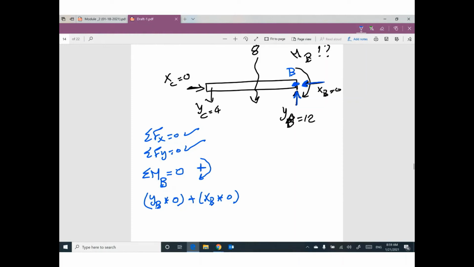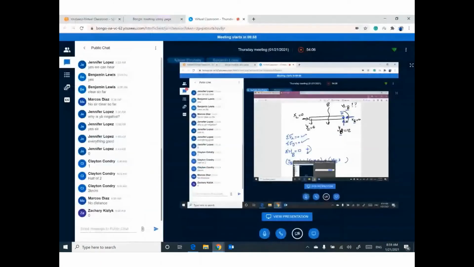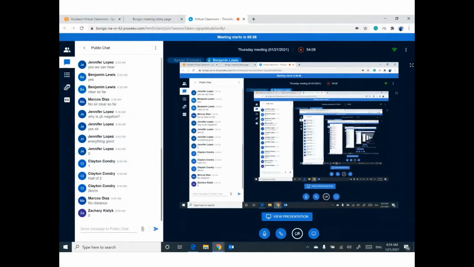We don't have distance because the two forces are at the same point, B. What is the distance for MB? I am taking a moment at B. So what is the distance for MB? Distance for XB is 0. Distance for YB is 0. What is the distance for MB? It should be 0.